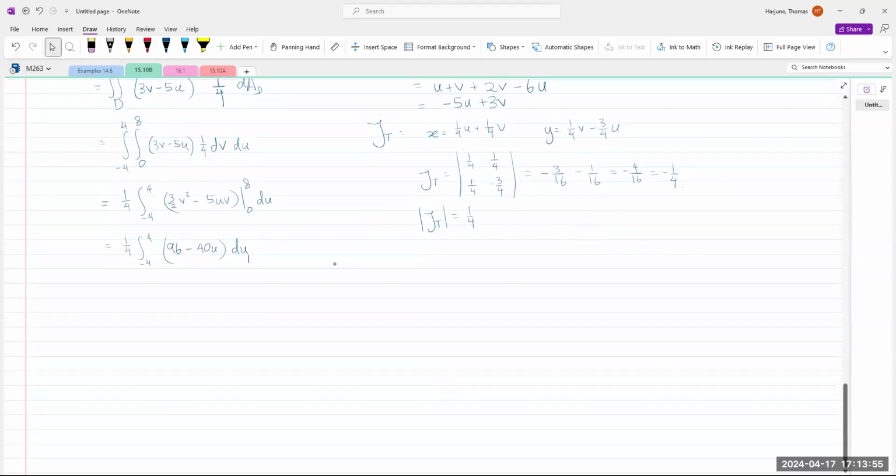And then that is equal to 96 times 8 minus 0. So that is what, 192.